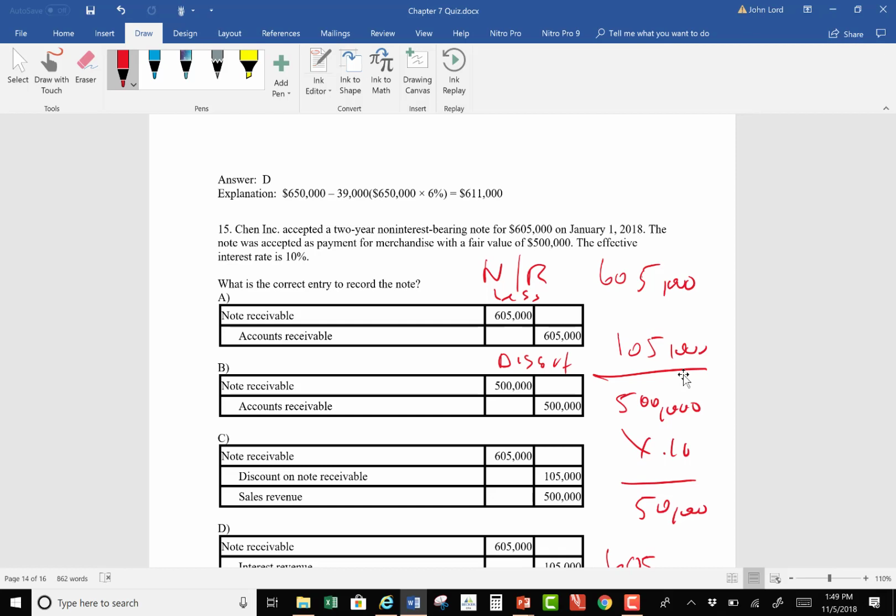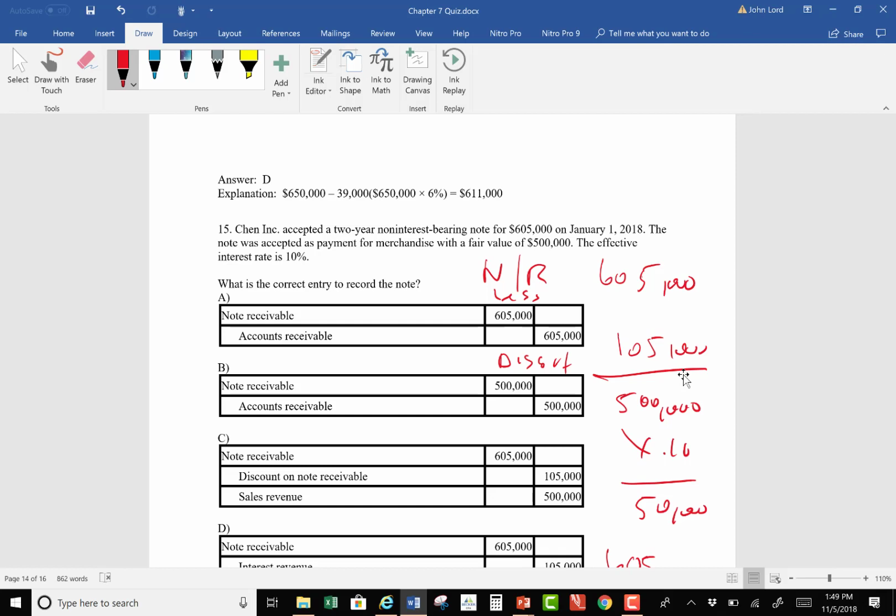So it's probably helpful to, upon recording the note, they debited note receivable, they credited the discount, they credited the sales revenue, right? Okay, now the discount, what I'm trying to show you over here, got credited for 105, right? And then the carrying value of the note, pretty obviously, was 605 minus the 105, which gave me the 500,000. 500,000 times the 0.10 gave me 50,000 interest for year one, right?